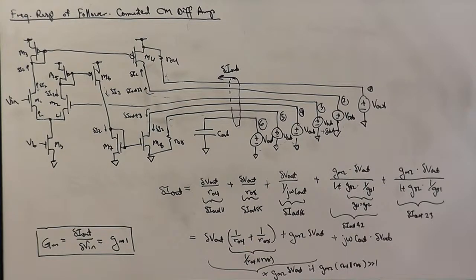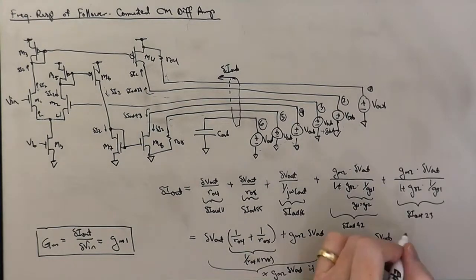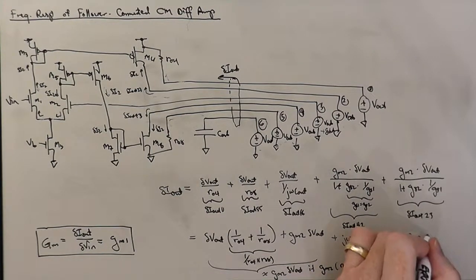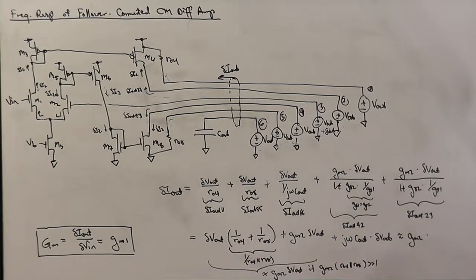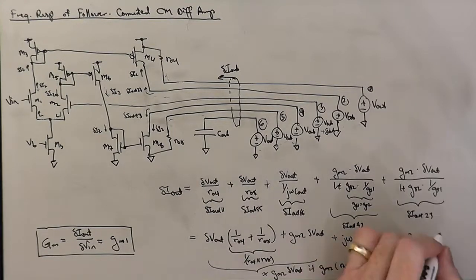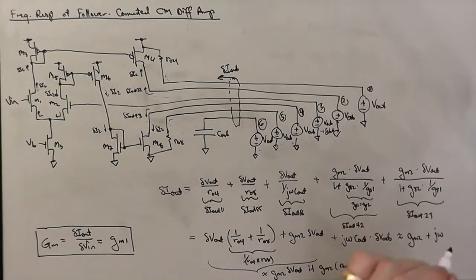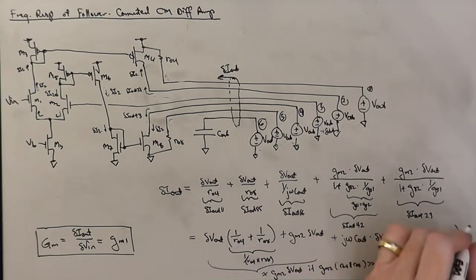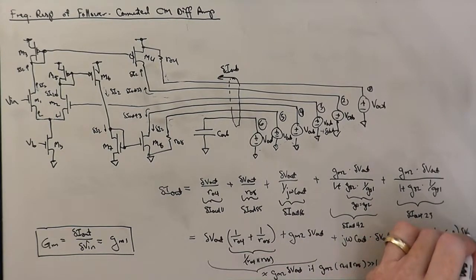Right, so this basically boils down to GM2 plus j omega C out times delta V out.